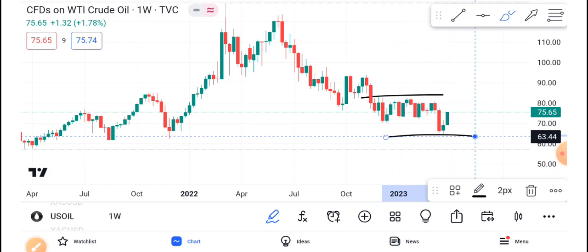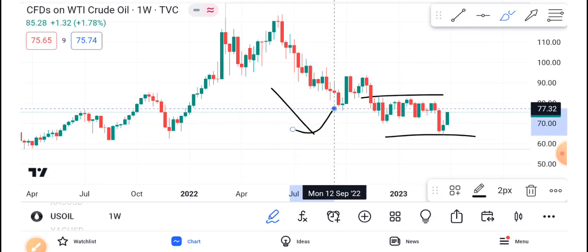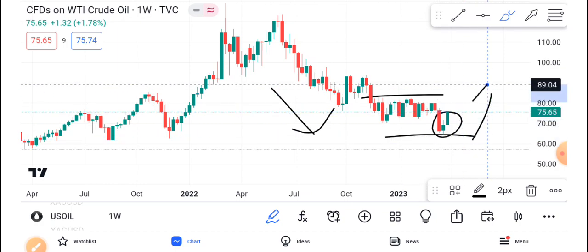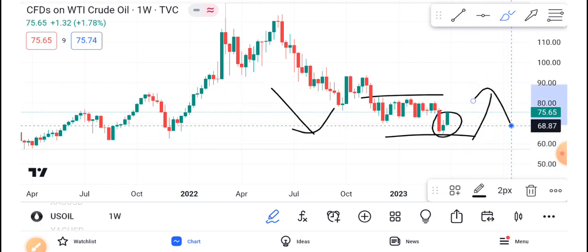So has oil already reversed its trend? As it was coming down, is this candle telling me that price has reversed its trend and now oil is going to move higher and create a new high? Is it so? No, not yet.